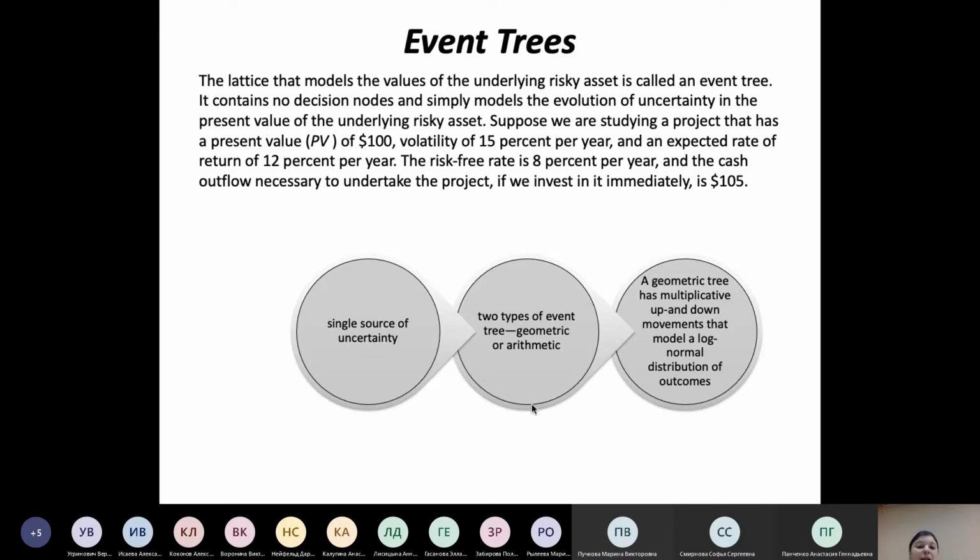First of all, let's start on the following type of task. Suppose we are starting a project that has a present value of $100. The present value of benefits, or present value of cash inflows of the project, is $100, with volatility of 15% per year. In other words, in a stable, predictable scenario, our present value of cash inflows is 100.